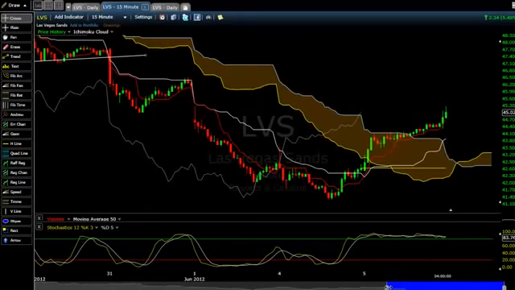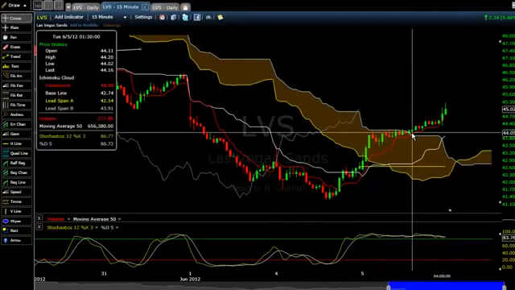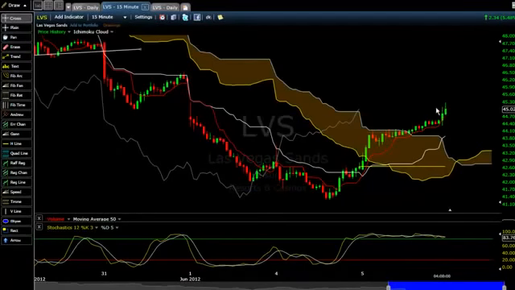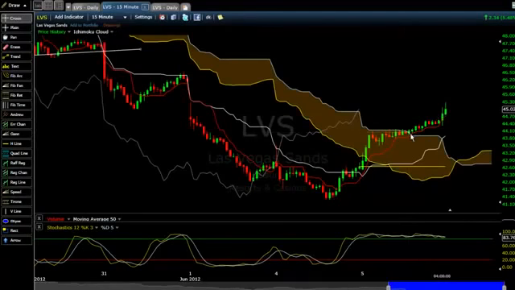We had this situation here where I kept saying that eventually price is going to break through the Kumo, and you can see that we rallied from $44.05 up to $45. So that was a dollar move once we had that Kumo breakout to the upside on a 15-minute.